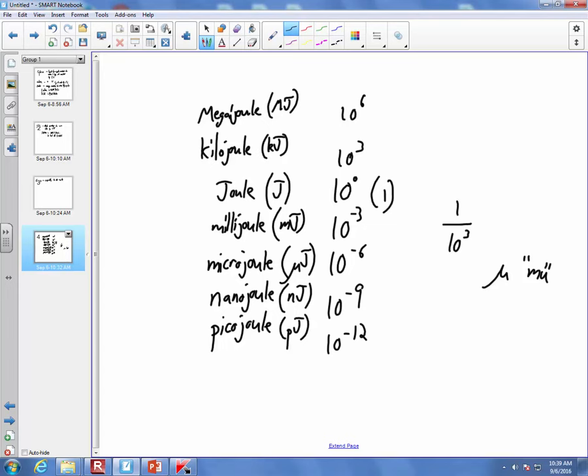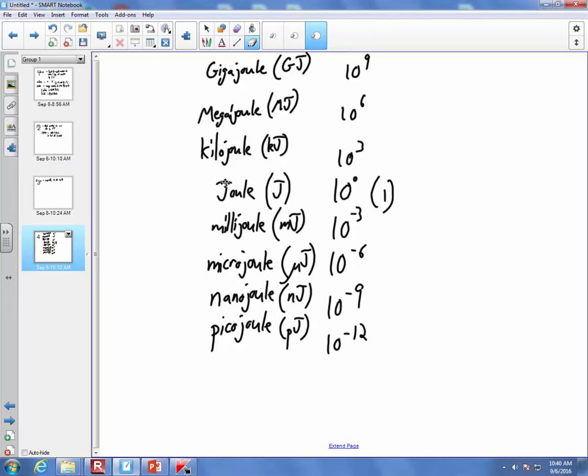Don't confuse your megas and your millis, or your micros. 10 to the 9th, giga. Is it tera? 10 to the 12th? Yes.